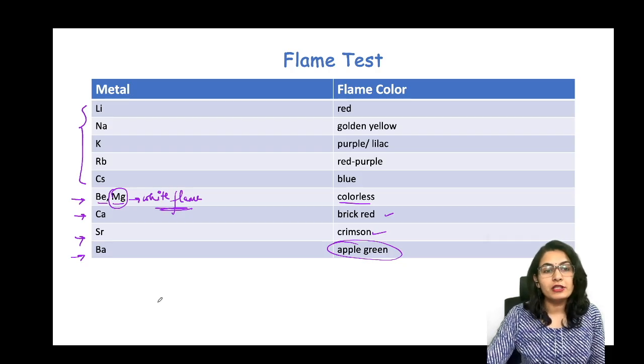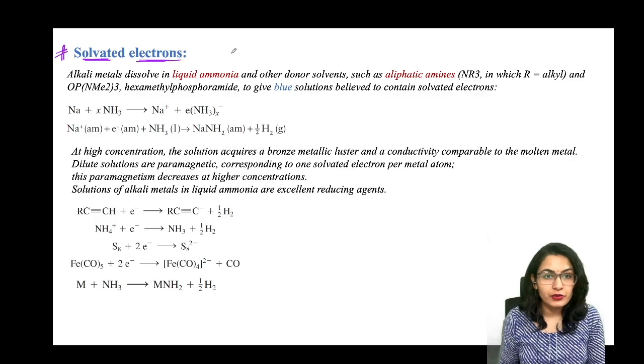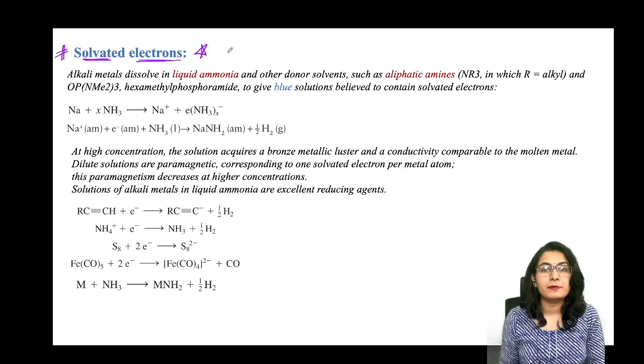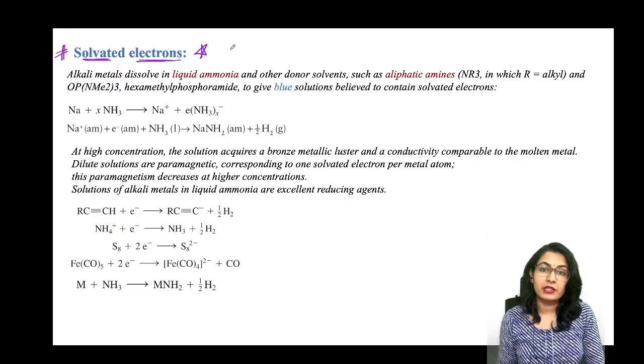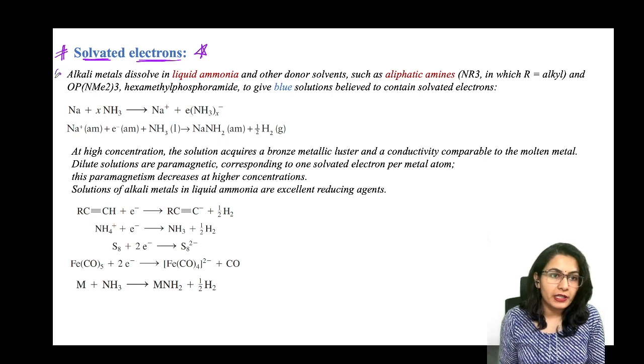Now we move onwards. Now comes the very important topic, that is reducing property of alkali metals in ammonia solution. Okay, so this is a very important topic because there have been many previous year questions in both CSIR NET and GATE on this. So what is the property?